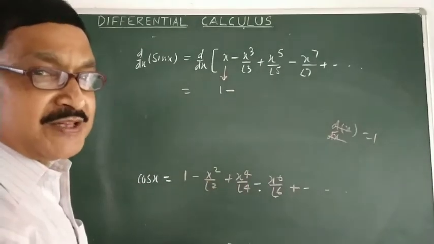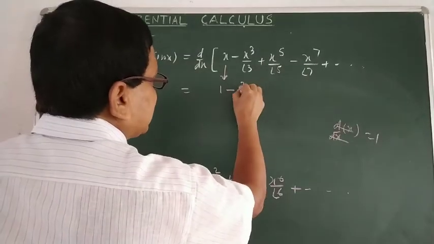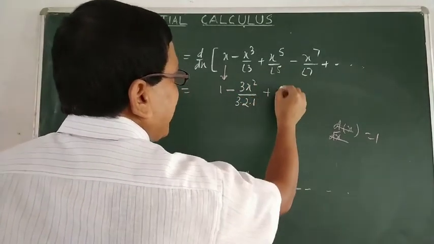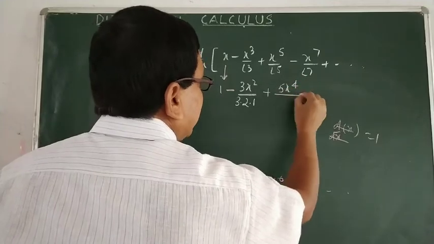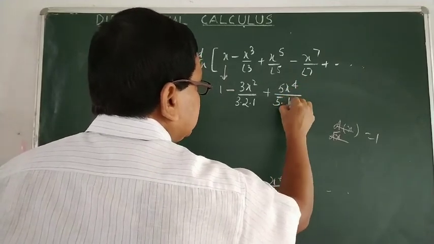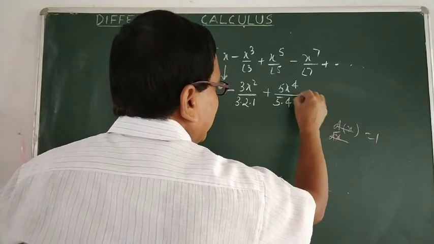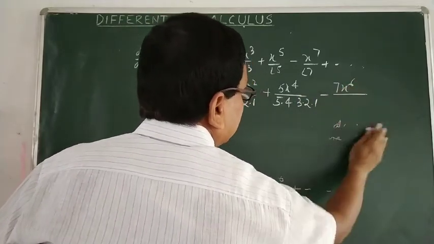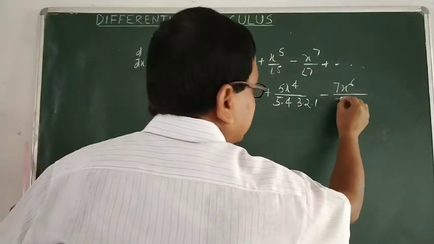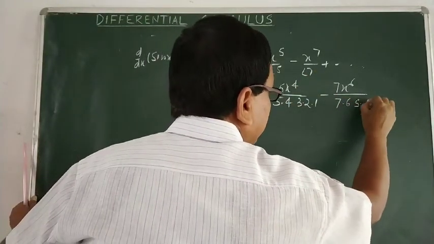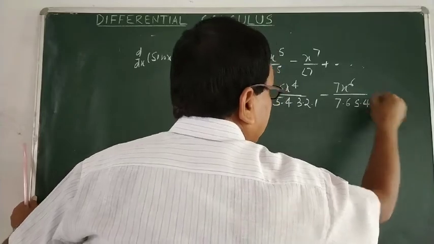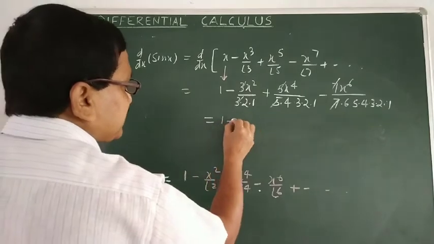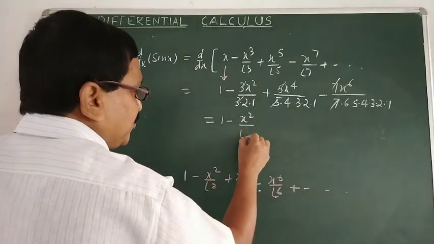Now differentiation of x cube, I have already told you this is 3x square by 3 into 2 into 1 plus x^5, 5x^4 by 5 into 4 into 3 into 2 into 1 minus x^7, 7x^6 by factorial 7, 6, 5, 4, 3, 2, 1. 7 cancel, 5 cancel, 3 cancel. So this is 1 minus x square by factorial 2.